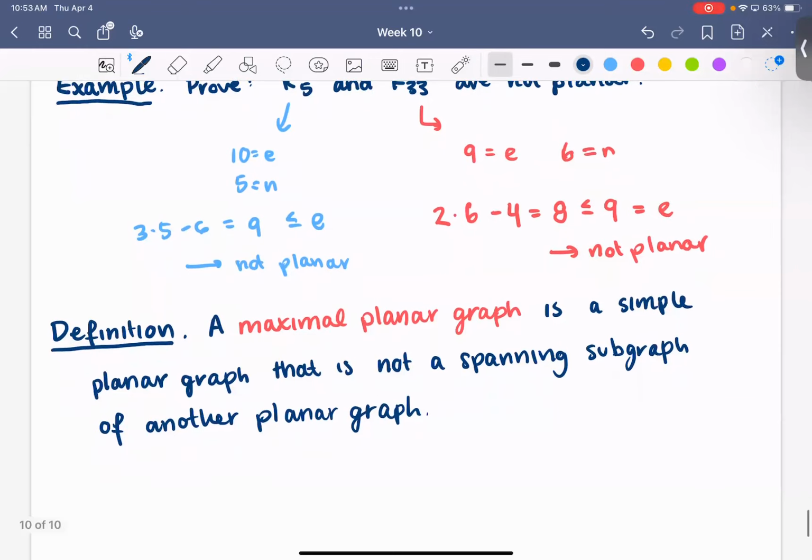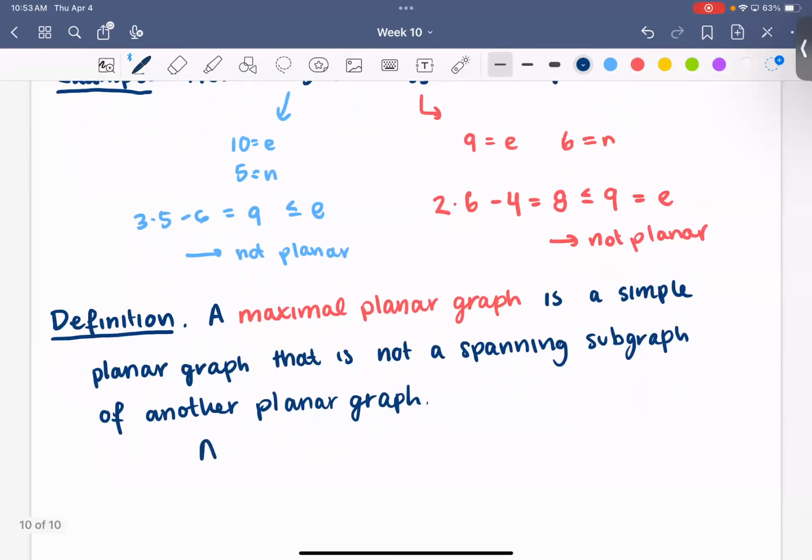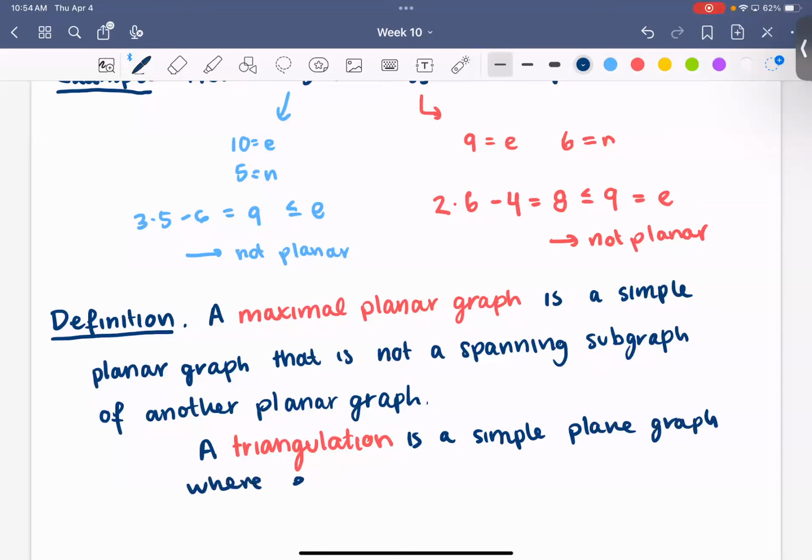And then the second definition, triangulation, is a simple plane graph where every face boundary is a 3 cycle.